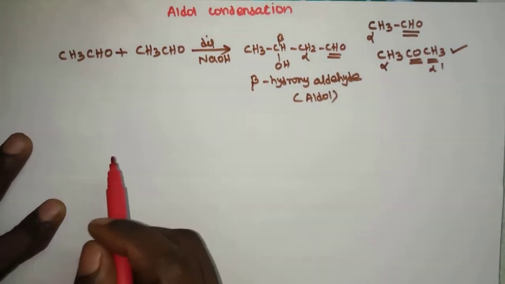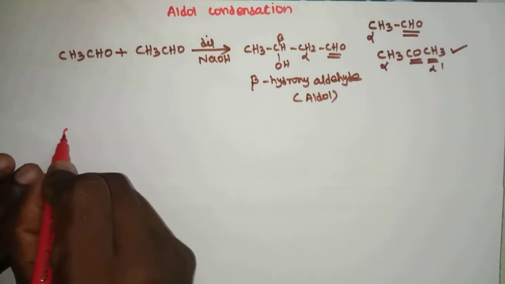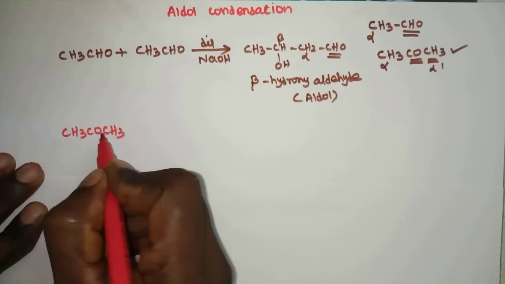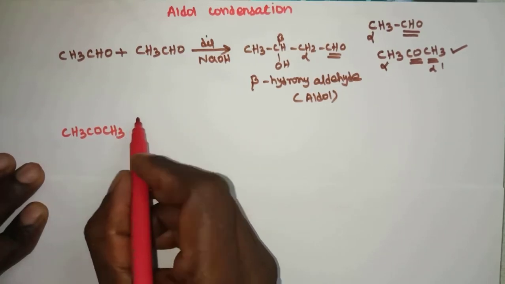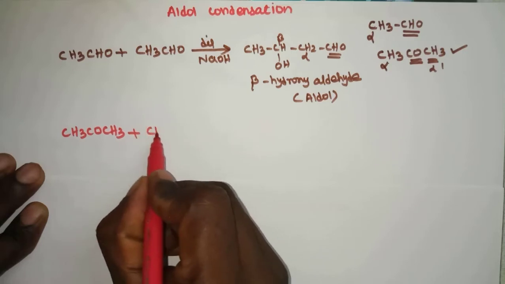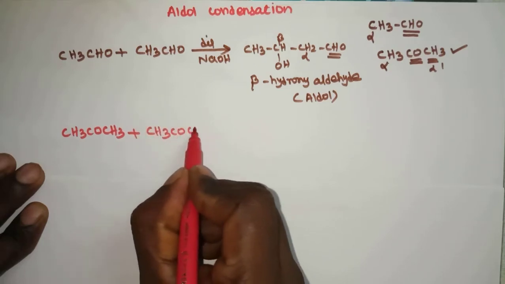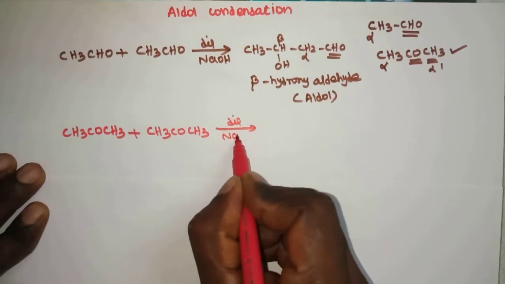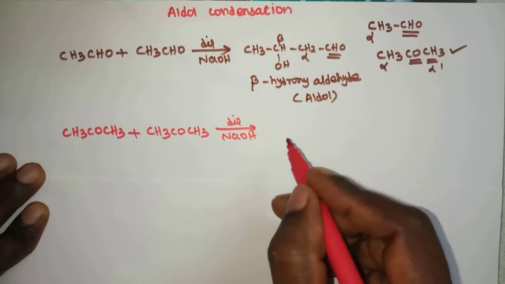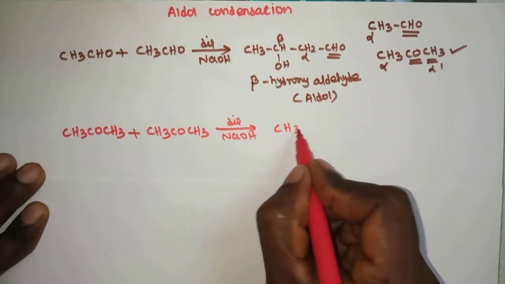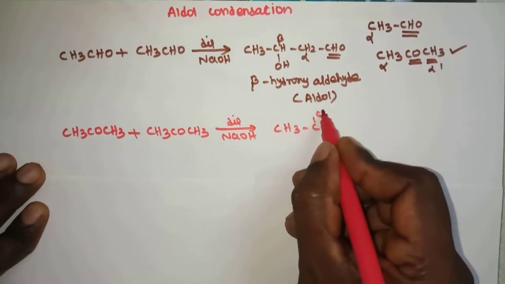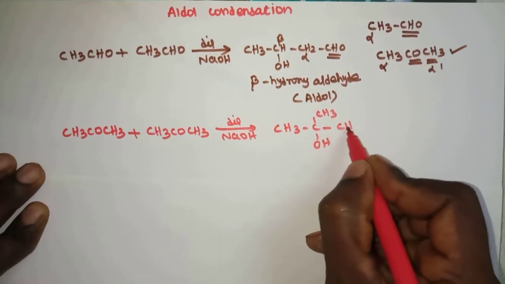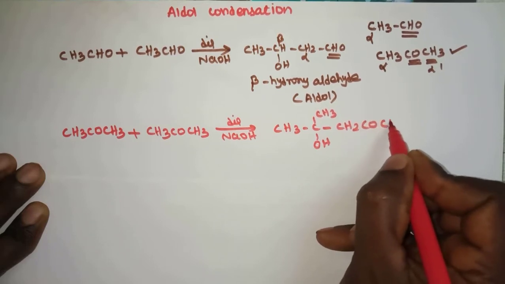Another example, for a ketone, acetone, CH3COCH3. Acetone contains alpha hydrogen, so acetone undergoes aldol condensation. Two molecules of acetone undergo aldol condensation with dilute sodium hydroxide to form a beta hydroxy ketone, CH3 C(CH3)OH CH2COCH3.